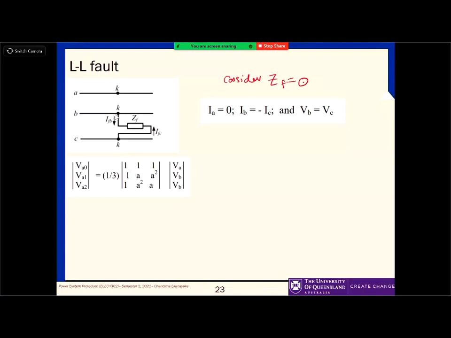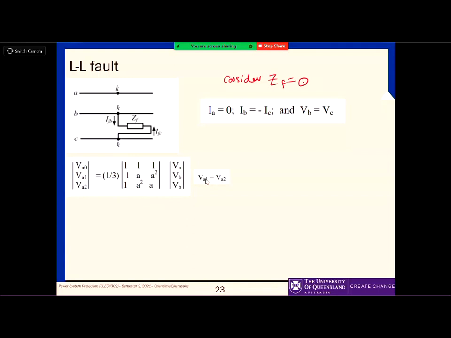By considering all these relationships, when you write the voltage equation, you can say that VB and VC are equal. Therefore, instead of VC, we replace it with VB. If you rewrite and simplify this, you can say that VA1 and VA2 are equal.